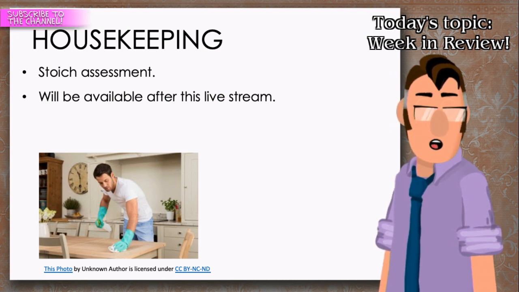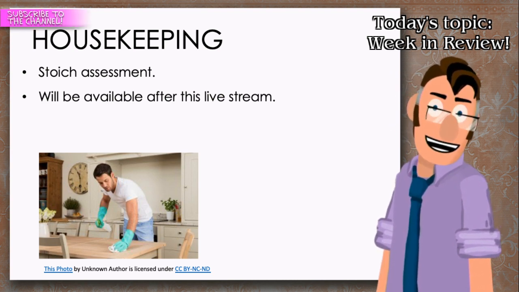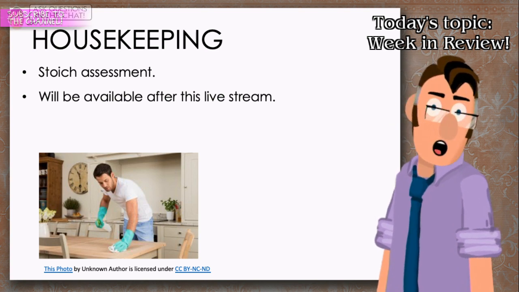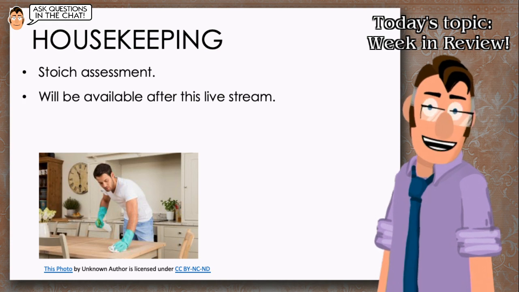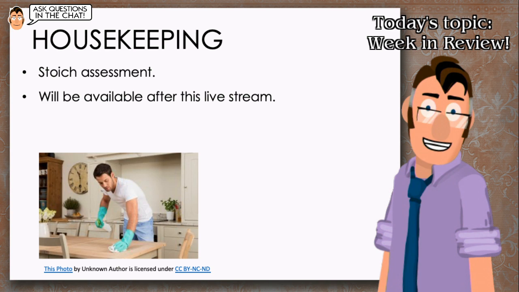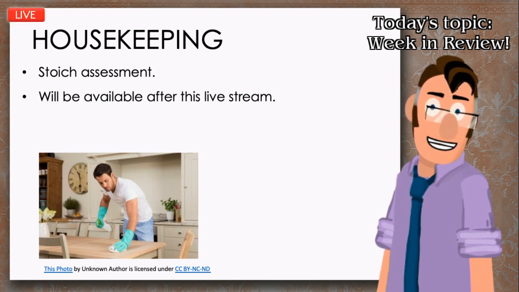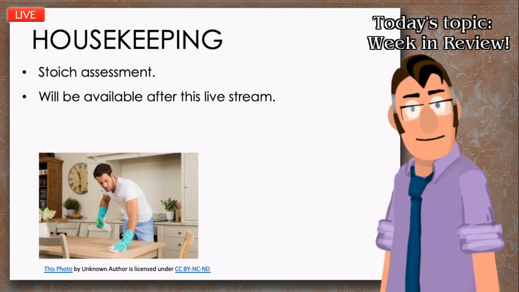You are going to take pictures of your work, embed it in a Google Doc, which you've shared with me. That way I can actually comment on your work. I'd rather you just work it out on paper and take pictures and then insert those pictures into a Google Doc, as opposed to trying to type them into a Google Doc, which presents other types of problems. So that's going to be your stoichiometry assessment.